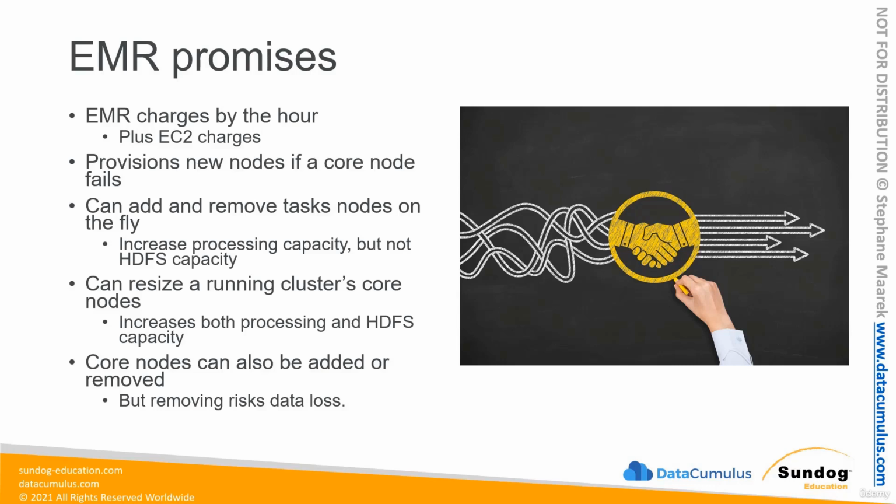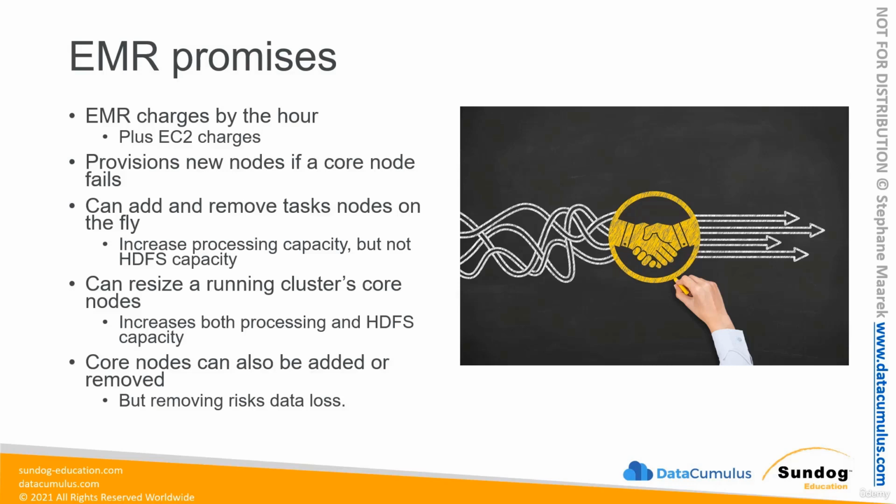Let's assume that your storage is okay, but you need to process that data a lot more. There's a lot more CPU time involved in that processing. You could just temporarily add a bunch of task nodes to your EMR cluster to handle that surge in processing, and then later remove those task nodes when that surge is passed. So adding and removing task nodes on the fly is a good way of dealing with temporary surges in processing CPU needs. Remember that.